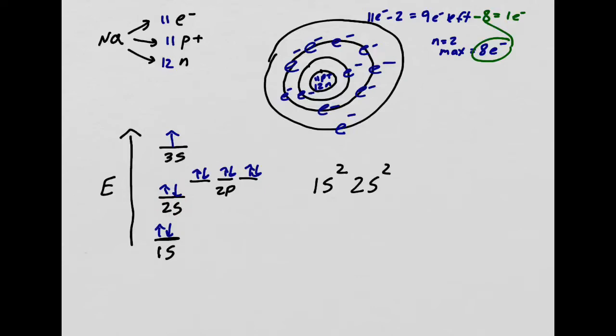Then I'm going to go to the next one, 2p, and I have 6 electrons. 1, 2, 3, 4, 5, 6 electrons. So it would be 2p6. Then I go to the next one, 3s1.